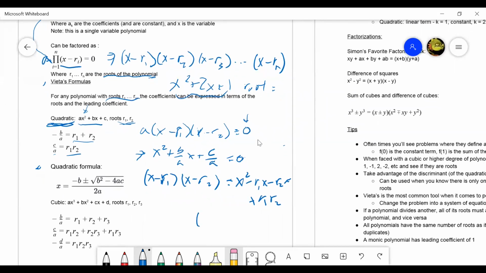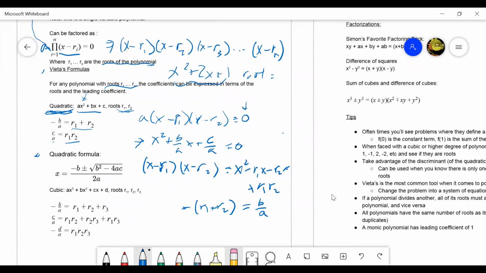The coefficient of x on the right-hand side is the negative of r1 plus r2, and this must equal the coefficient of x on the other side, which is b over a. So you immediately get that r1 plus r2 is equal to negative b over a.